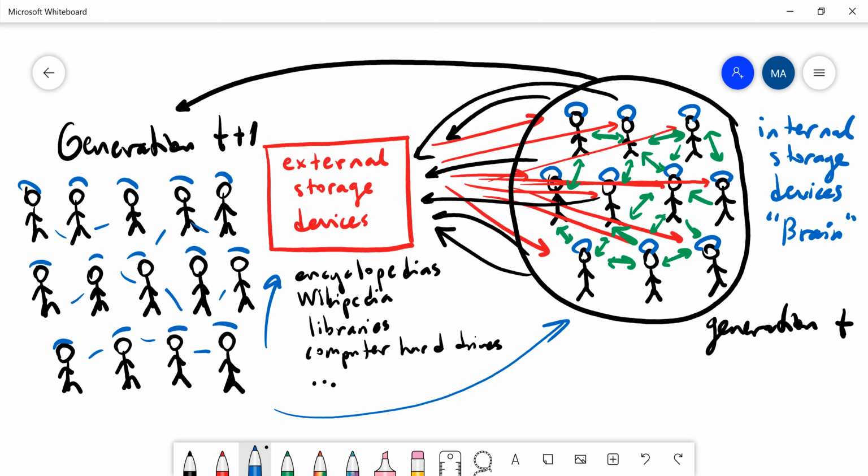And they also interact with the external storage devices. So they learn from external storage devices, and they codify knowledge and store it in external storage devices. Now the idea is this entire story, this mechanism of learning, can be called collective learning.